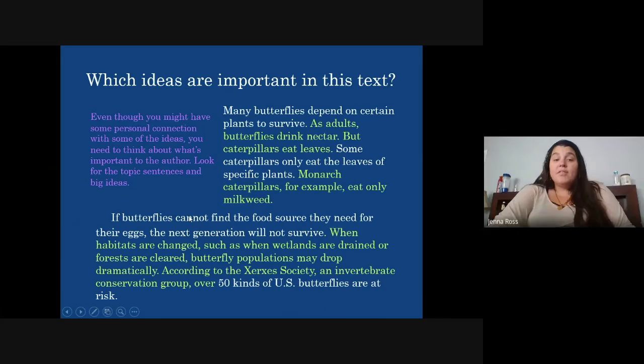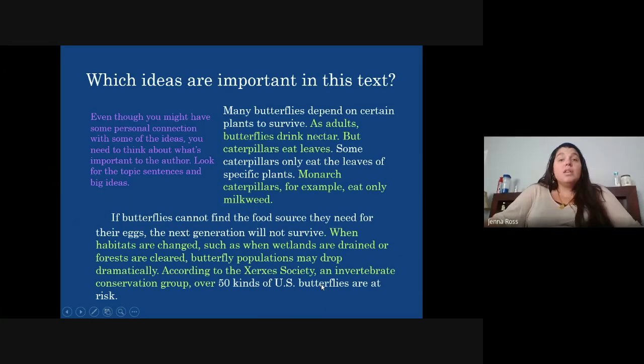Then also, if butterflies cannot find a food source they need for their eggs, the next generation will not survive, which means that those butterflies are going to die, but also their babies won't be able to survive because they won't have the food that they need. And then the last important thing is that 50 kinds of U.S. butterflies are at risk.